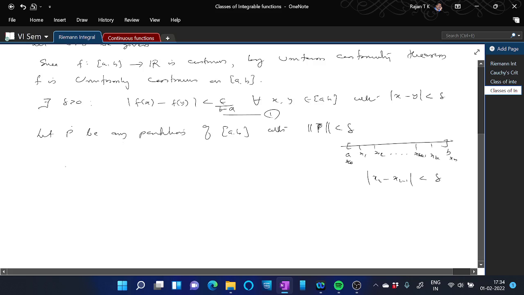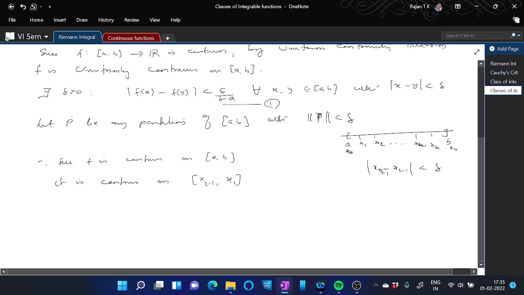Now, since f is continuous on [a,b], it is continuous on each subinterval [x(i-1), xi], for any i equal to 1 to n.